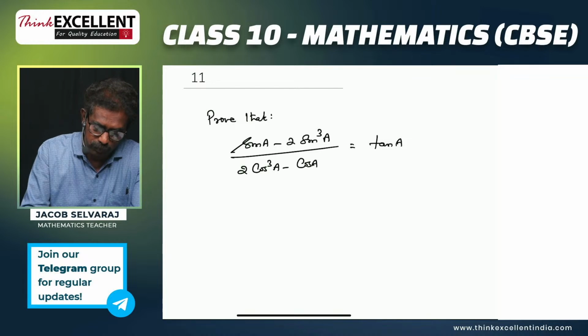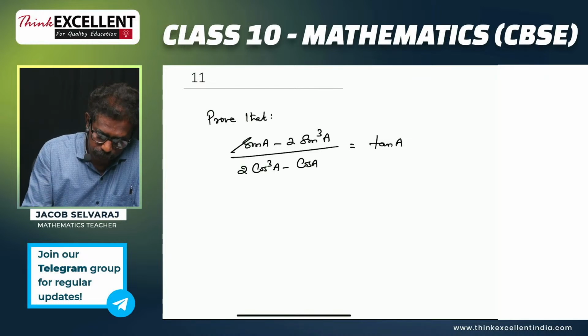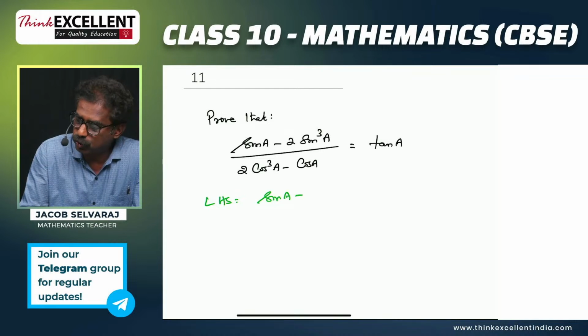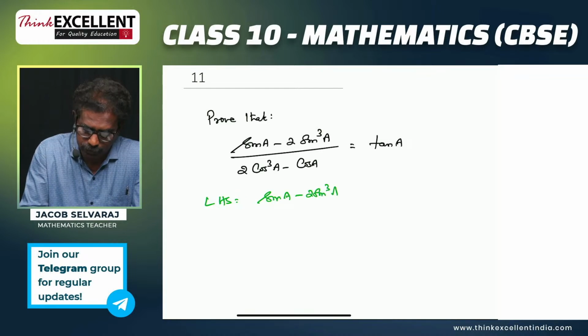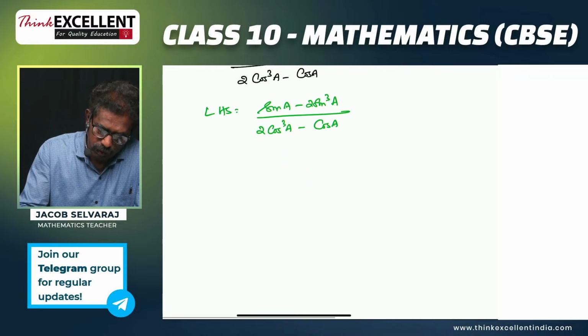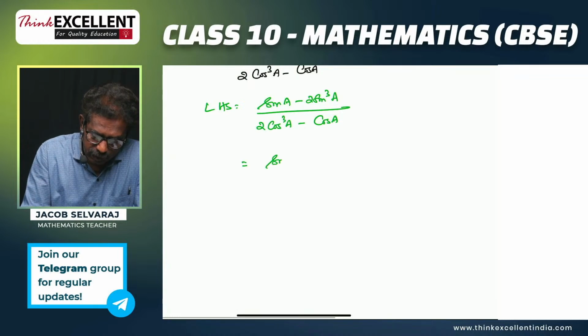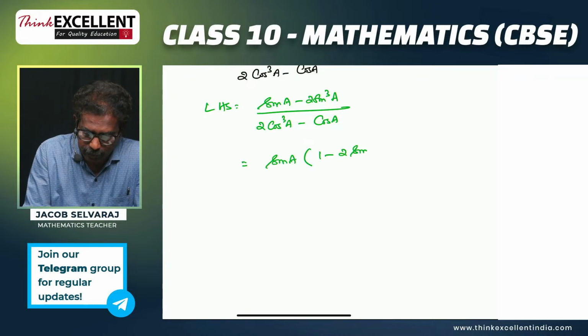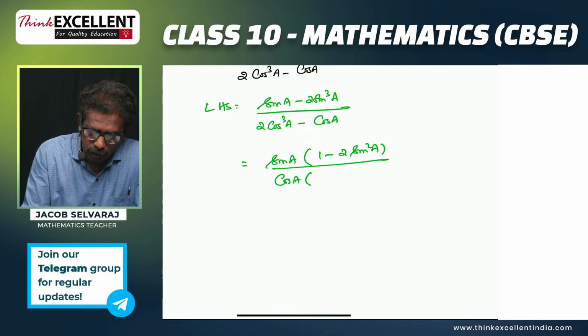So we start with LHS. Sine A minus 2 sine cube A by 2 cos cube A minus cos A. You take sine A outside, the numerator takes sine A common, what are you getting? 1 minus 2 sine square A. By, take cos A common, you are getting 2 cos square A minus 1.